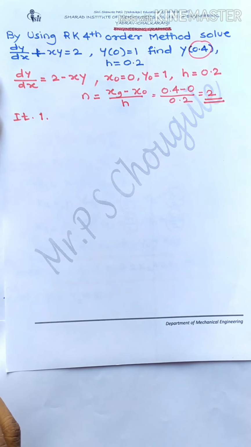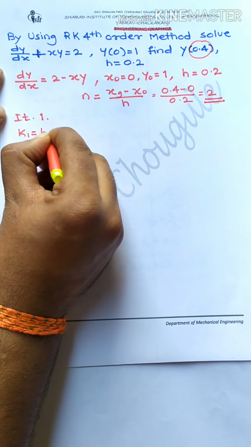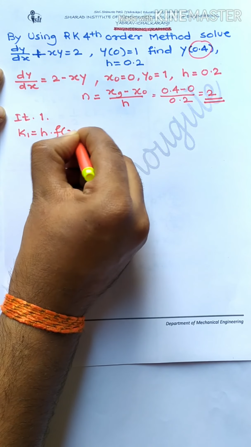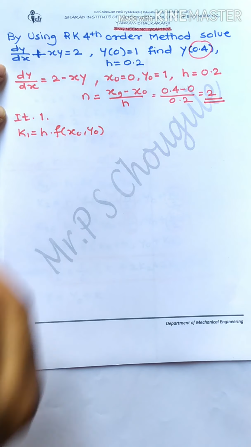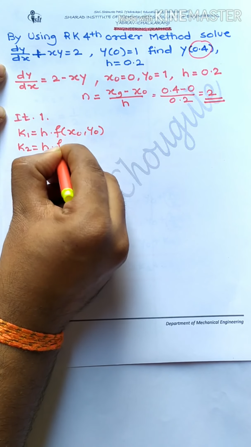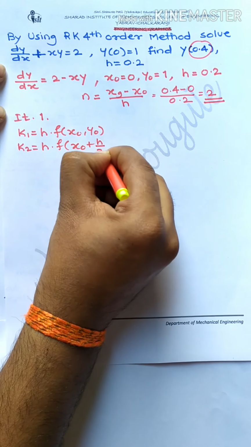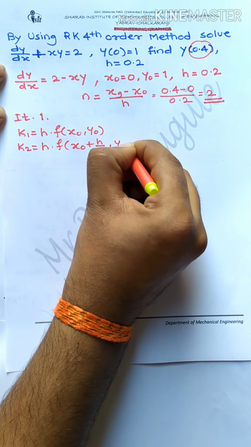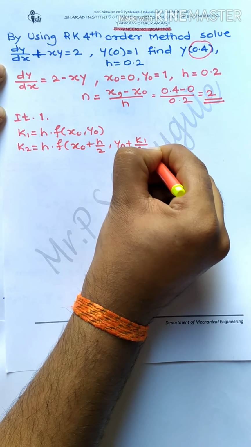So let's solve this one. k1 is equal to h into f of x0, y0. k2 is equal to h into f of x0 plus h by 2, y0 plus k1 by 2.